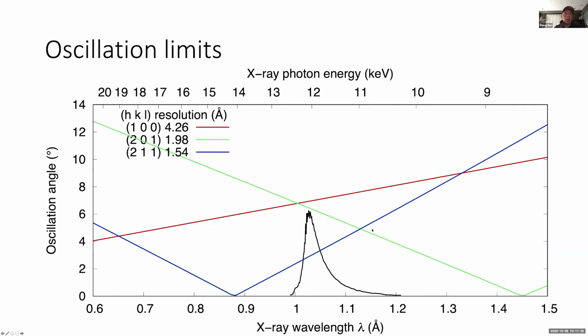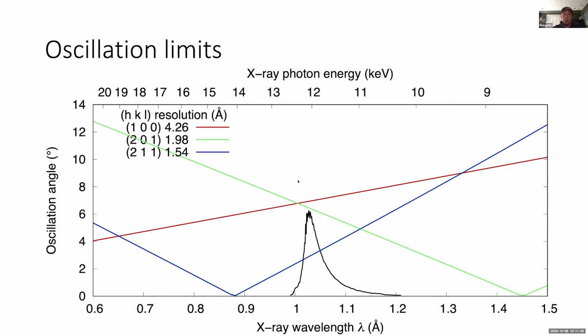Also, if we want to do oscillation instead of Laue diffraction, it's possible to do that as well. Given an X-ray photon energy and the wavelength of an X-ray, let's say 1 angstrom here, this calculation shows you that we could oscillate back and forth plus or minus 6 degrees before you hit a reflection.